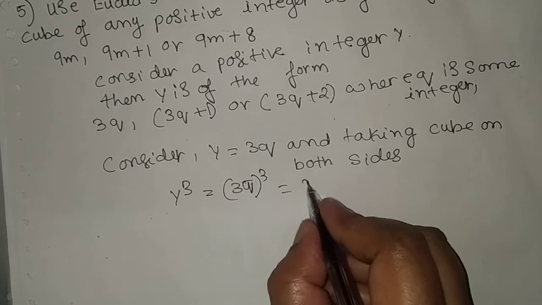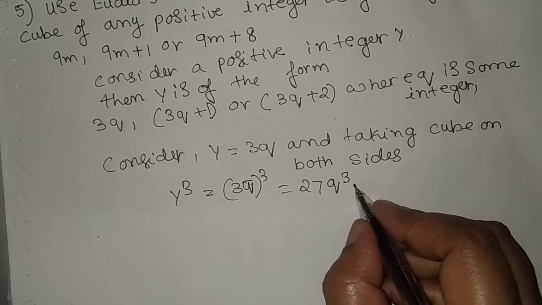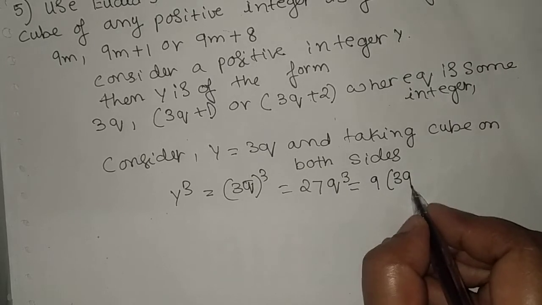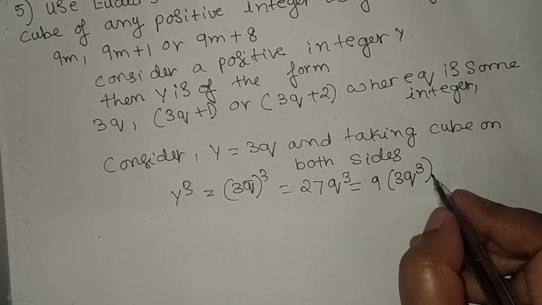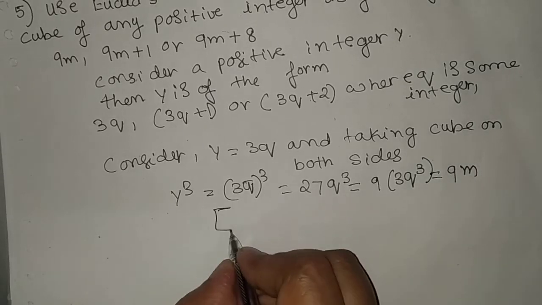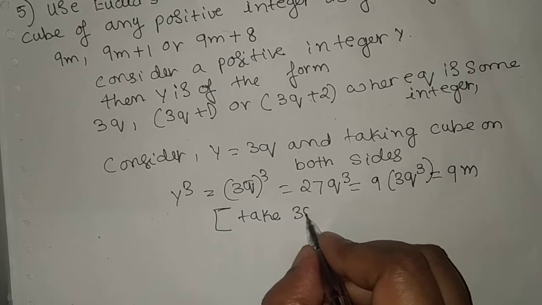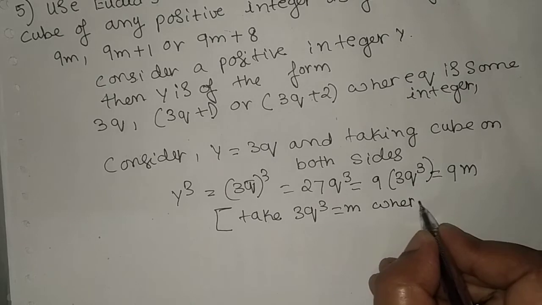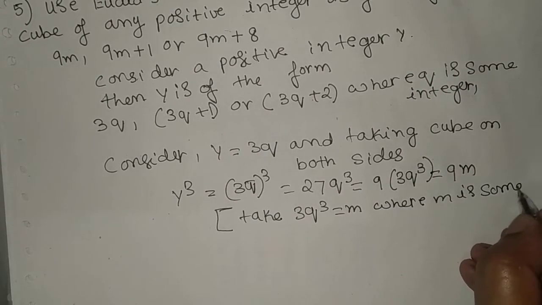So what we get is 27q cube, then we can write as 9 into 3q cube, which is equal to 9m. So 9m means take 3q cube is equal to m, where m is some integer.